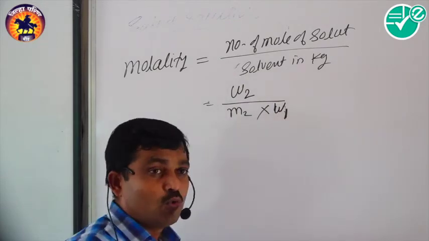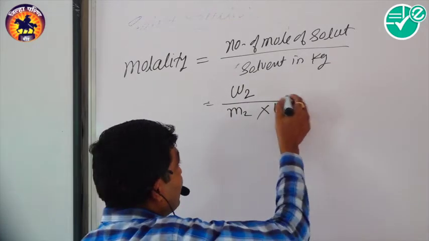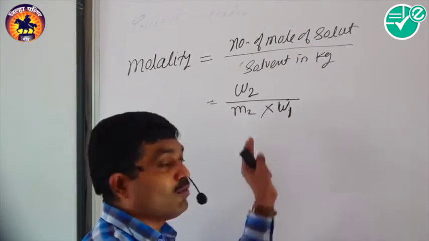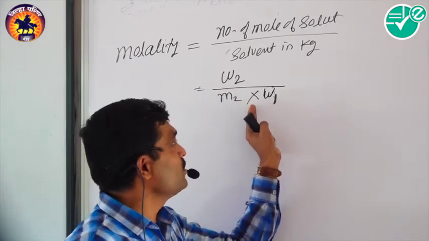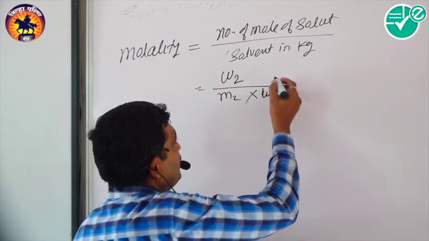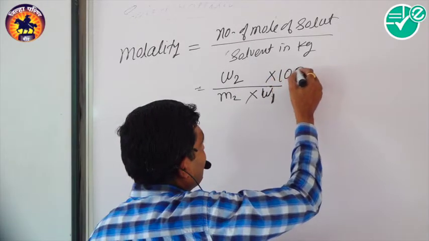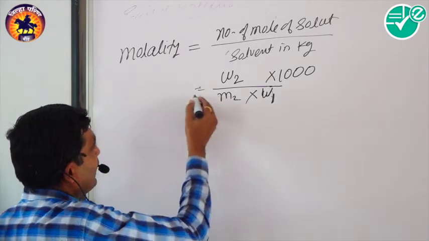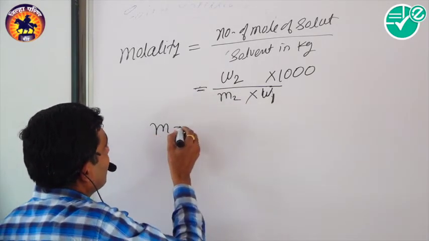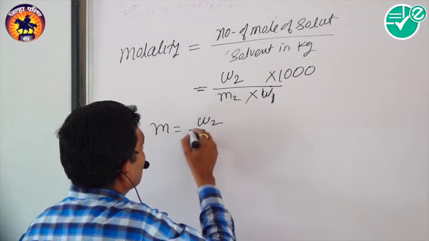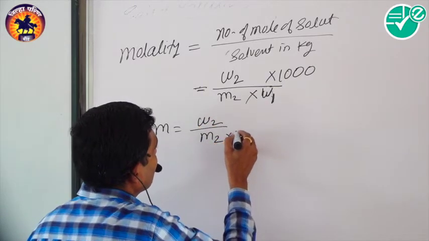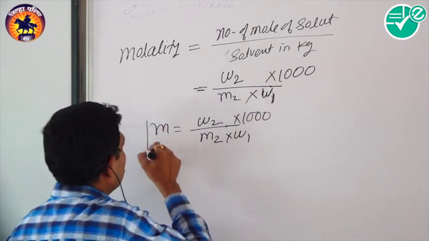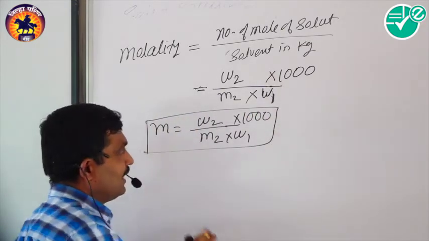We know that the molecular weight is to be expressed in grams, and if it is expressed in grams, then we multiply by 1000. In this way, this is the molality. So the molality is equal to W2 divided by M2 into W1, into 1000.